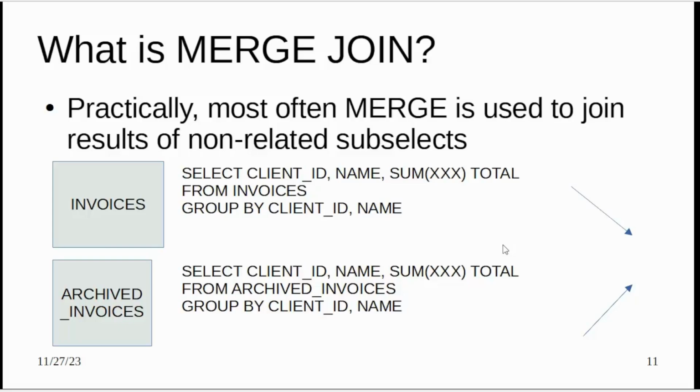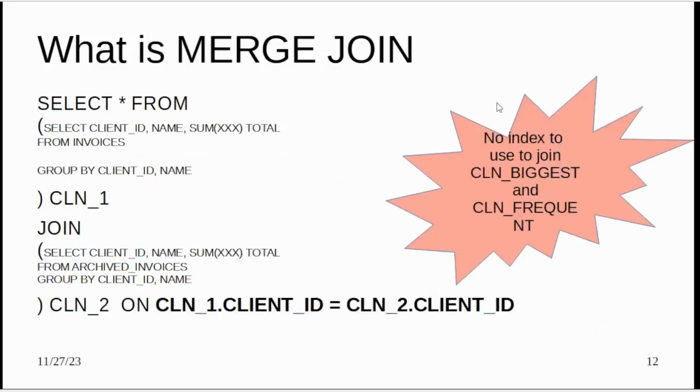We have two different data sources which do not have an indexed relation between them. How should we join them if we want to present some result? For example, in this type of query, we have a select and subselect from one dataset and another dataset, and we join them by client ID connection.